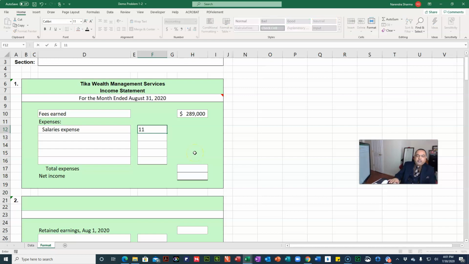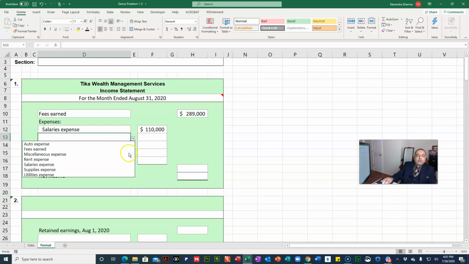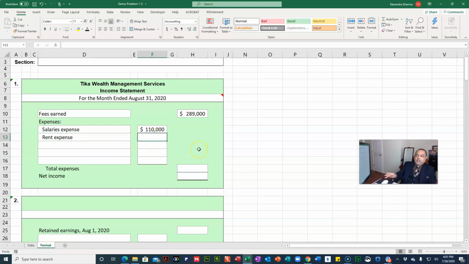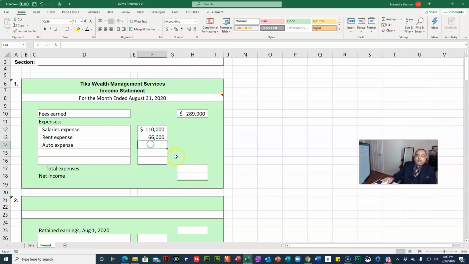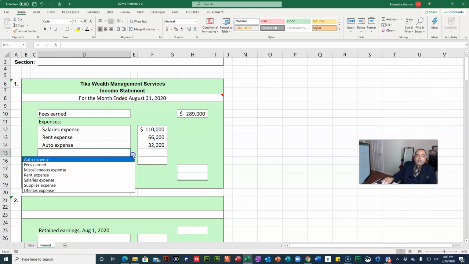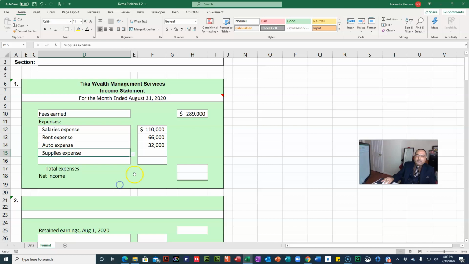The amount is 110,000. And the next highest amount was the rent. So I'm going to do rent expense, that is 66,000. And then the next I'm going to do is the auto expense, that's going to be 32,000. And the next I'm going to do supplies expense, so that's going to be 9,000.